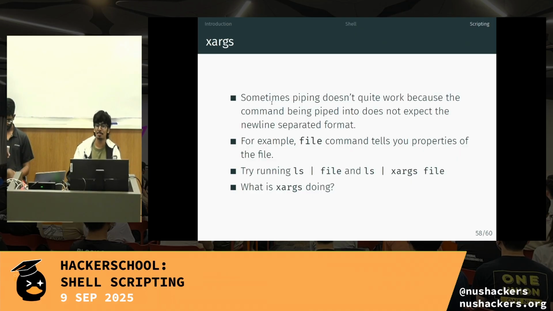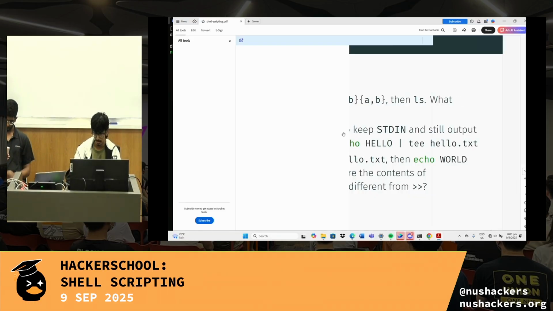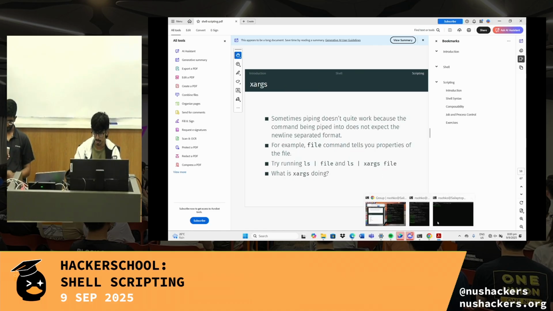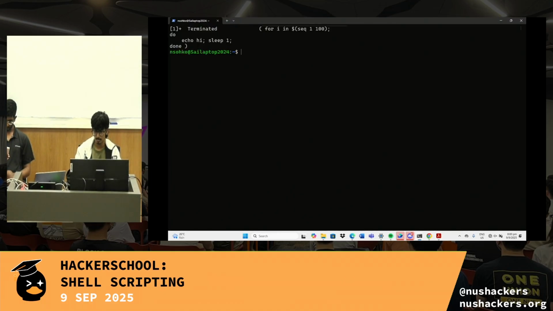Sometimes piping doesn't always quite work because the command being piped into does not expect a newline separator format. For example, there's this file command that will tell you the properties of a specific file. So let's try running it.